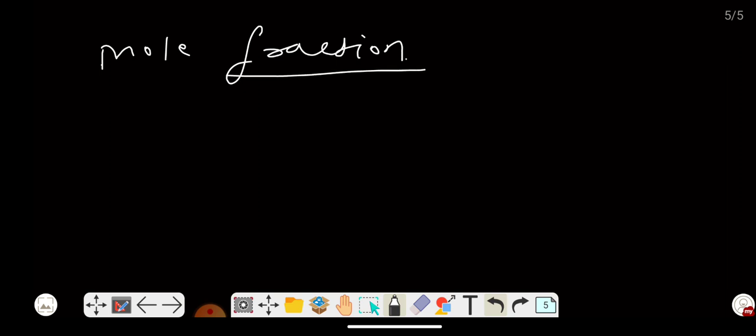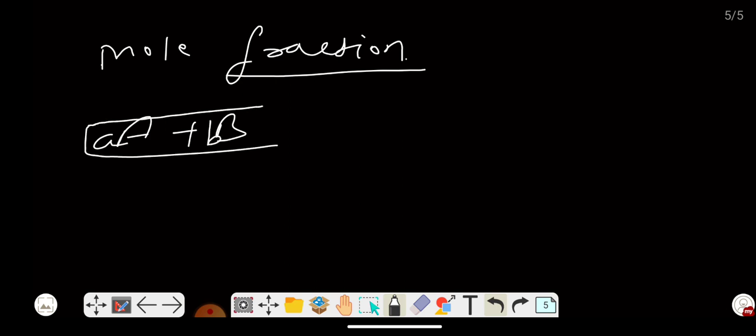Secondly, mole fraction. Mole fraction is calculated in a mixture. Suppose A moles of A and B moles of B are mixed in a container.